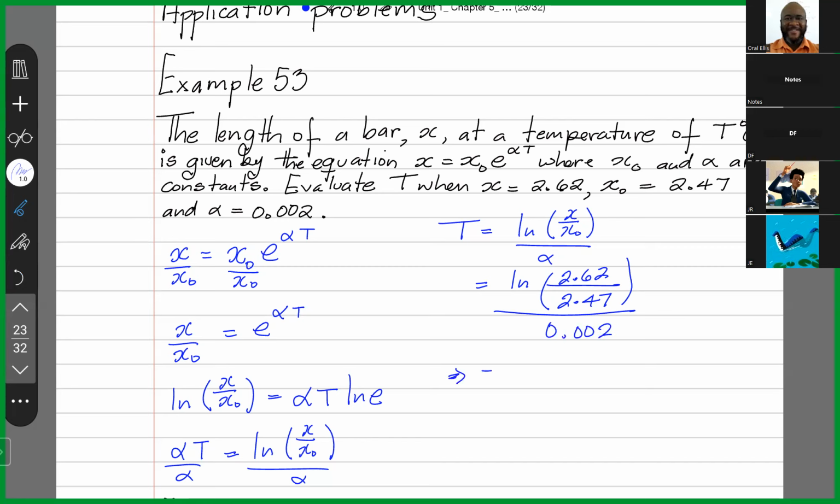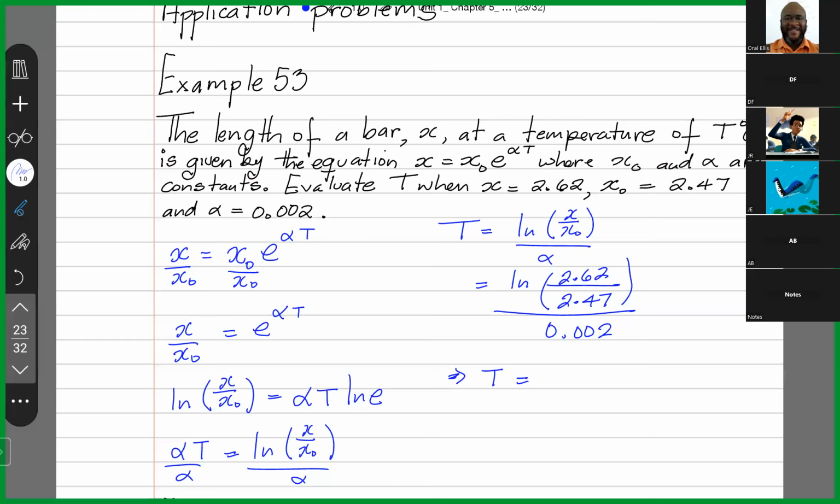So therefore, T would be equal to, when you punch this in the calculator, somebody said you were going to get 29.5, and since it's T, it's degrees Celsius.